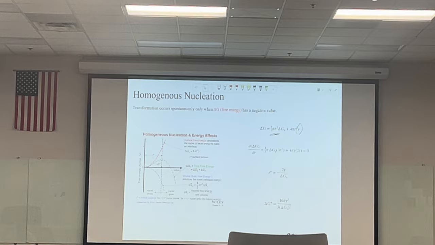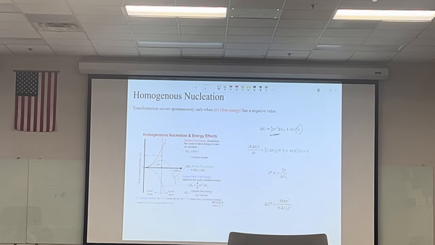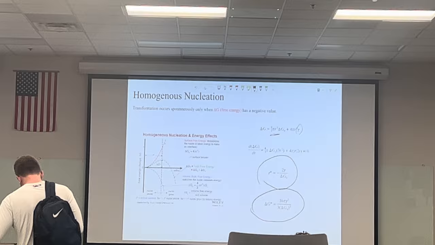So if a nucleation happens but R is smaller than R star, it's just not going to happen any further. I guess in our text it's called a nucleation barrier. That was the explanation of the logic behind these two values. The important thing here is that this is how we calculate R star, and this is how we calculate delta G star.